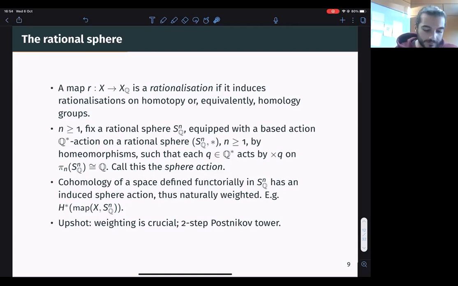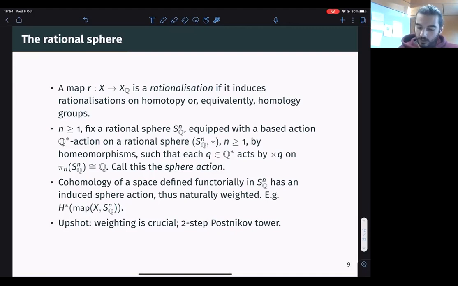The good thing about the rational sphere is that we can use these weights throughout, and we don't need to worry about finite homotopy groups of spheres. So there's a two-step Postnikov tower. This I might or might not mention at some point.